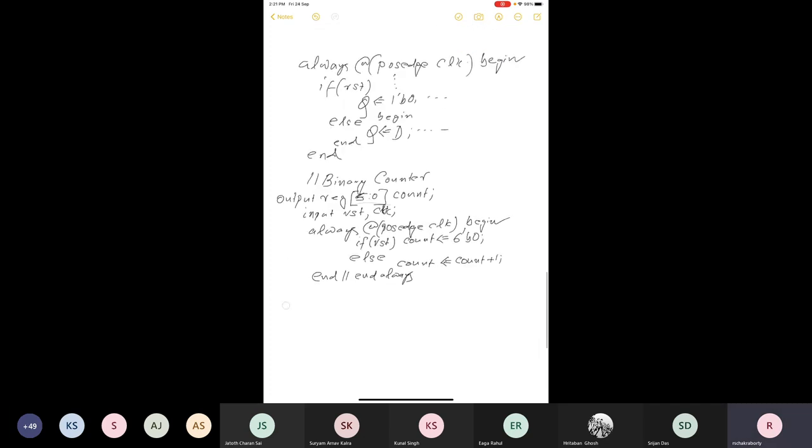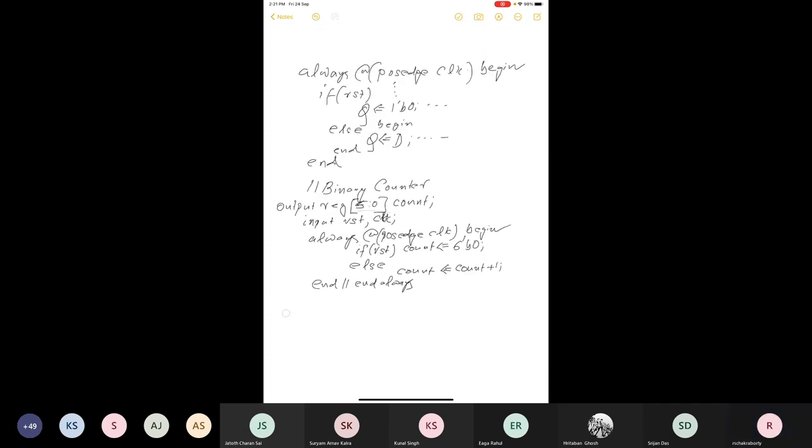I have a question related to this. Students, any of you please try to answer. The question is, if in place of 6'b0, I had written 0, first of all, is it correct? And secondly, if it is correct, what is the difference between what I wrote with the 0 version and what I wrote with the 6'b0?